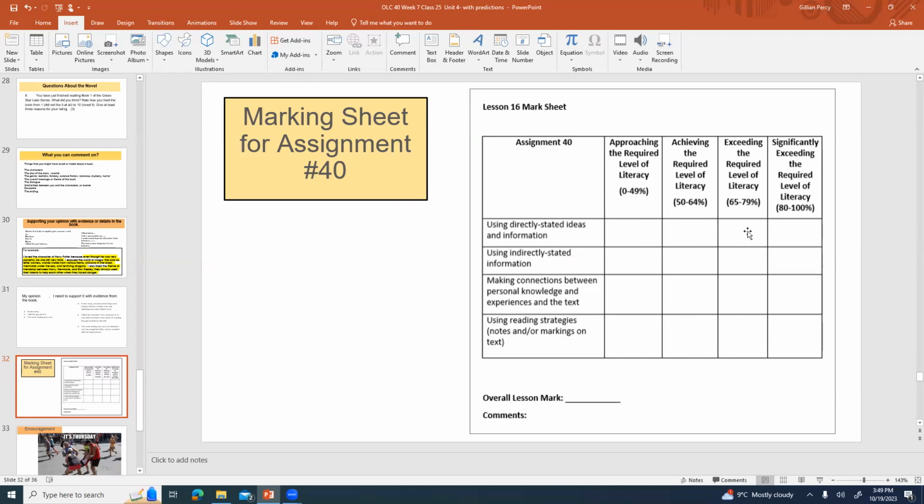You're basically getting it. Sure, maybe there's a few errors here or there, but overall, you've got the idea. And then significantly exceeding is where you're going above and beyond. Your stuff shows it's very well written, very well thought out. It shows an excellent ability to make connections. Okay, so that's our assignment sheet.